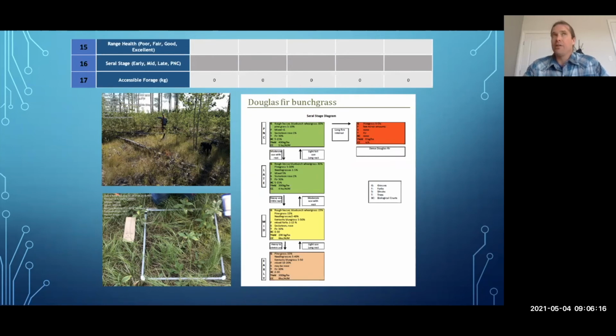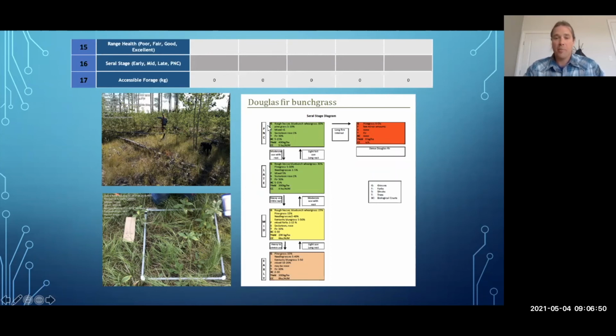If you have poor rangeland health, generally you would assign a safe use factor that is a lot less than if you have good or excellent rangeland health. If you have good or excellent rangeland health, generally you don't require an extra deduction for the safe use factor. But if you're in poor or fair rangeland health condition, then you may want to start considering adding a safe use factor, as a deduction based on rangeland health, and that would be in the spreadsheet as well.